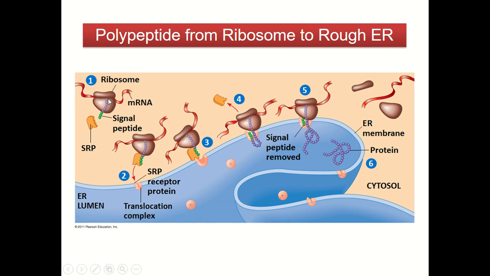So the polypeptide here that is brought by the tRNA will call for a signal peptide, and this signal peptide calls for the SRP.